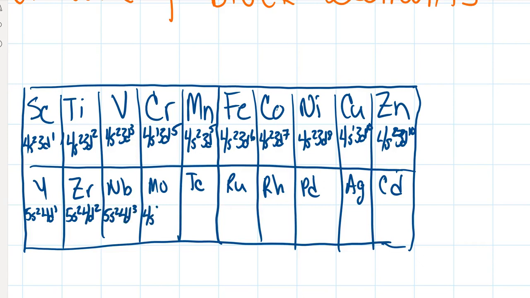And we'll see that same switch when we get to molybdenum. It becomes a 5s1, 4d5. Made a mistake, that should be a 4d.